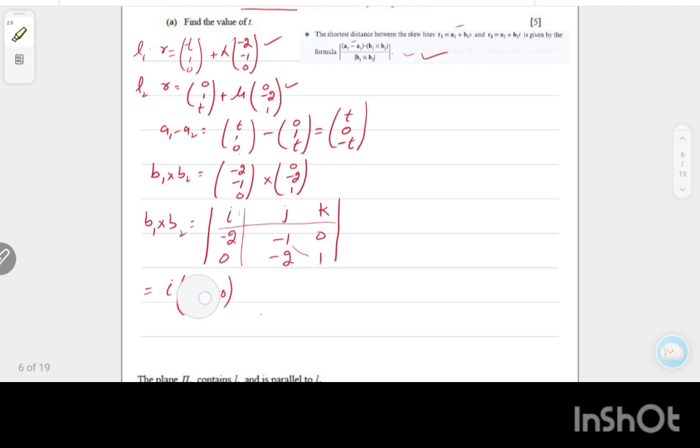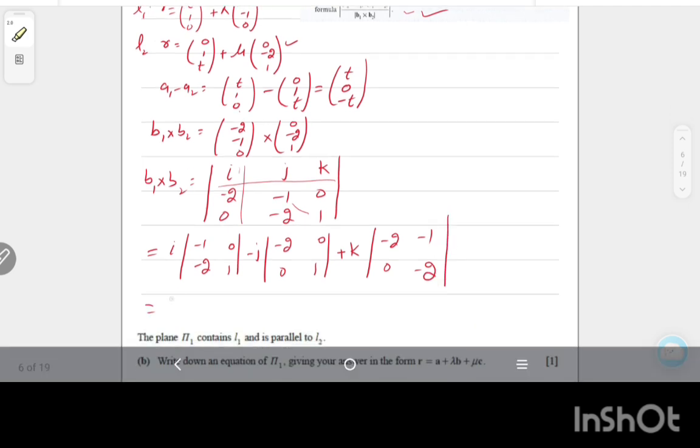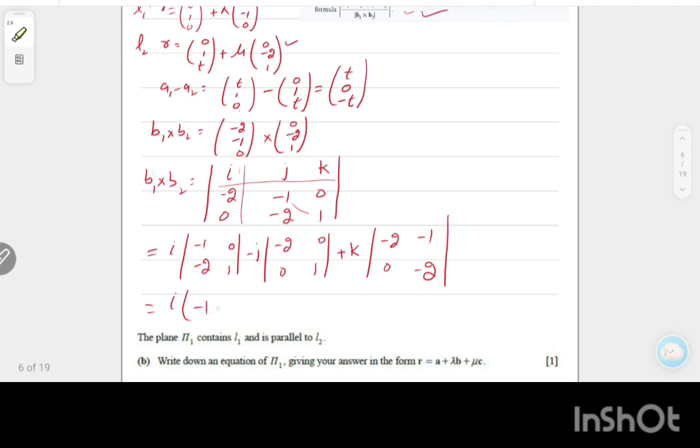Okay, we have to explain it in detail. How do I write it? The i term is the determinant of minus 1, minus 2, 0, 1, minus j times the determinant of minus 2, 0, 0, 1, and the last one is k with minus 2, 0, minus 1, minus 2. So the i term is minus 1 minus 0, which is minus 1. The j term is minus 2 times 1, which is minus 2, minus 0.